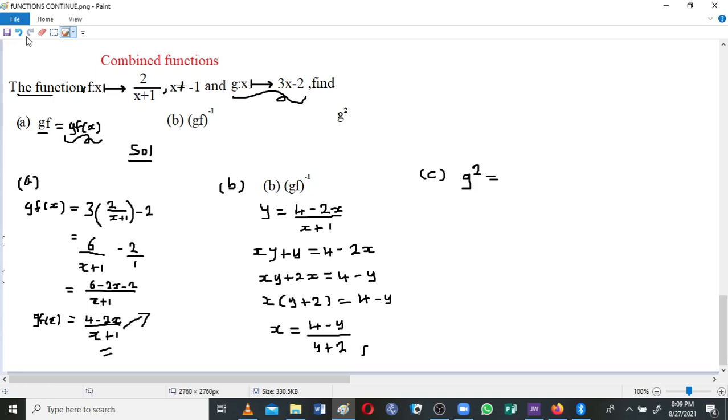Therefore the inverse gf, the inverse of the combined function of f(x) and g(x), is equal to, replacing y with x, 4 minus x over x plus 2.